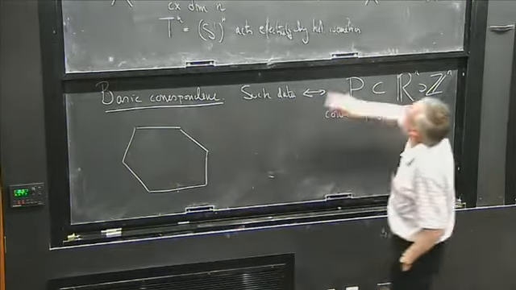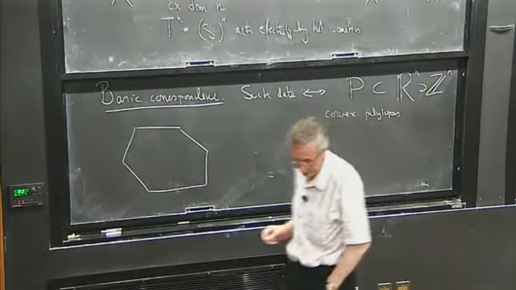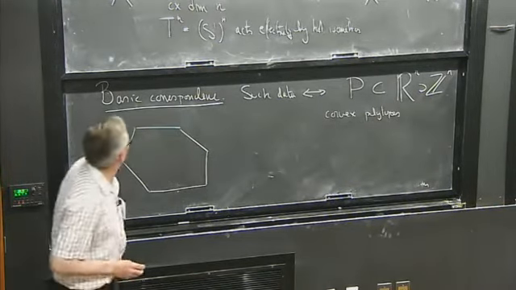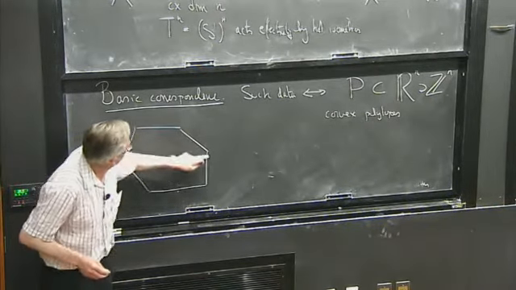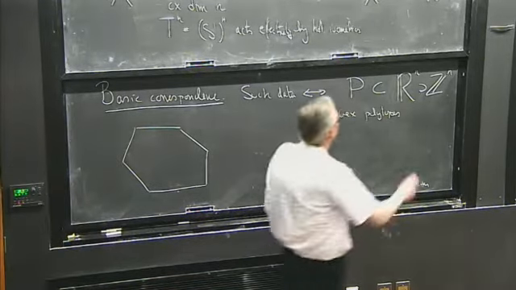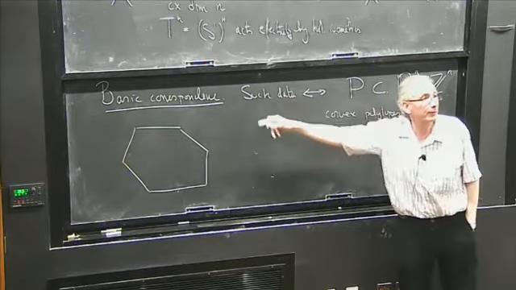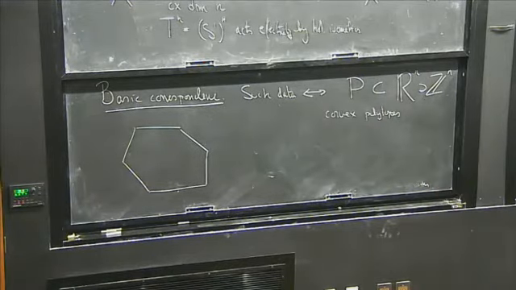So I think this will be called an integral Delzant polytope would be the right terminology. First of all, we want the vertices to be lattice points. So another way of saying it is that P is the convex hull of a finite number of lattice points.